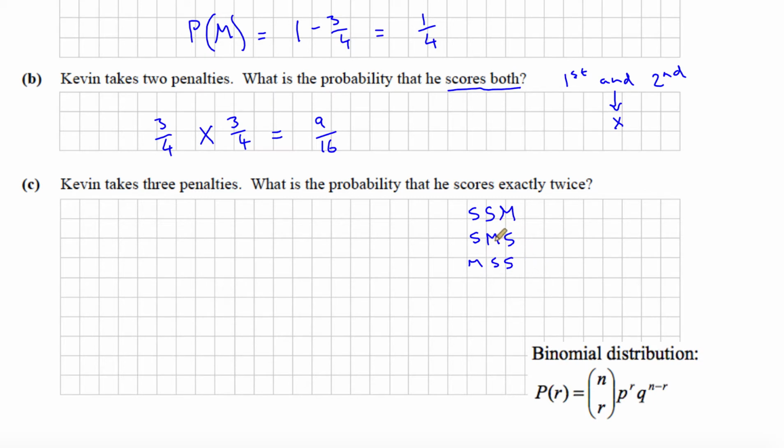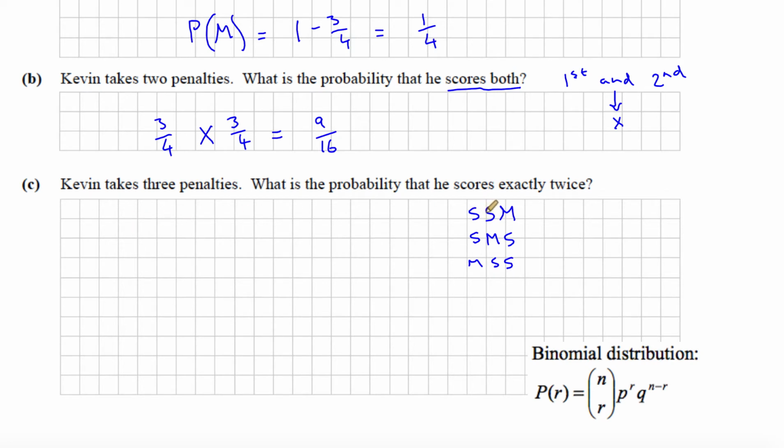So you can see they're all the different ways that can happen. Now, there is a formula in your tables book that you can use to do a question like this. It's called the binomial distribution, and this is the formula here. I'm just going to do it so that you can understand it first, and then we can talk about this after.